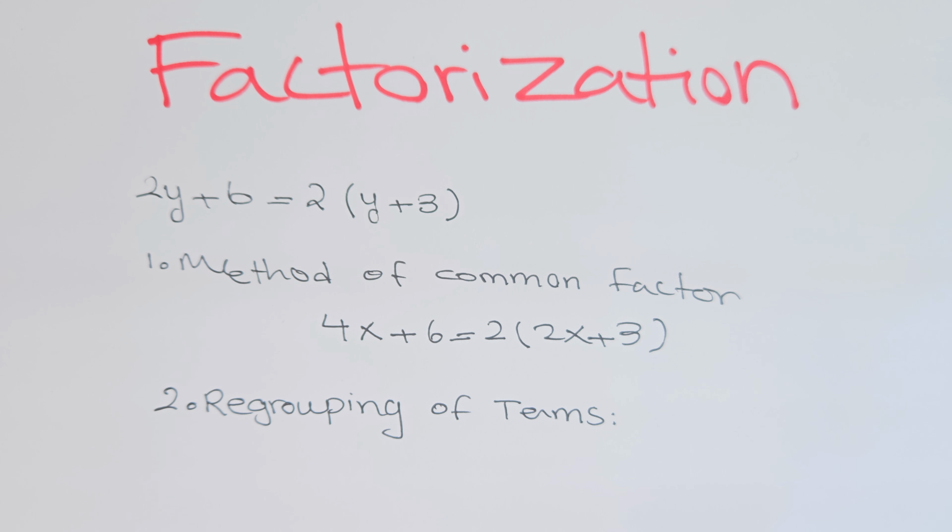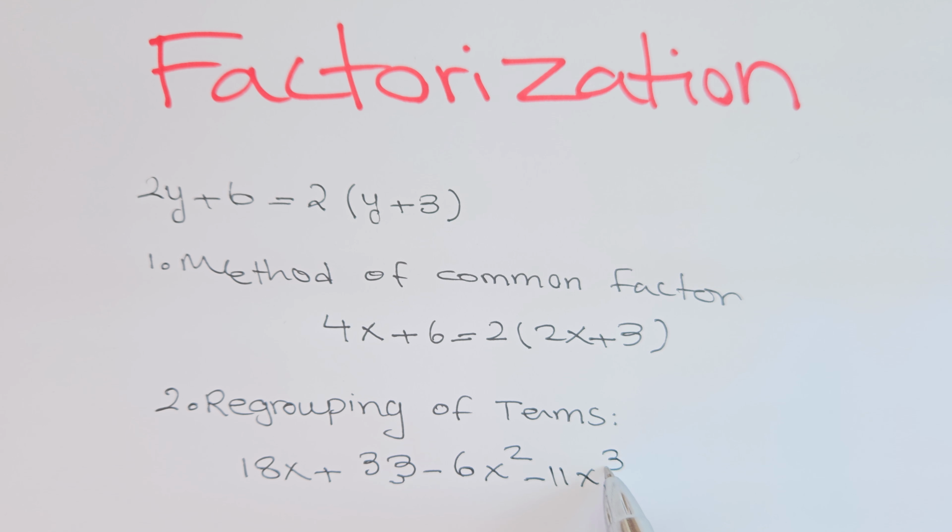So let's say I have 18x plus 33, minus 6x squared, minus 11x to the power 3. If you look at this expression closely, how many terms are there? 1, 2, 3, 4.